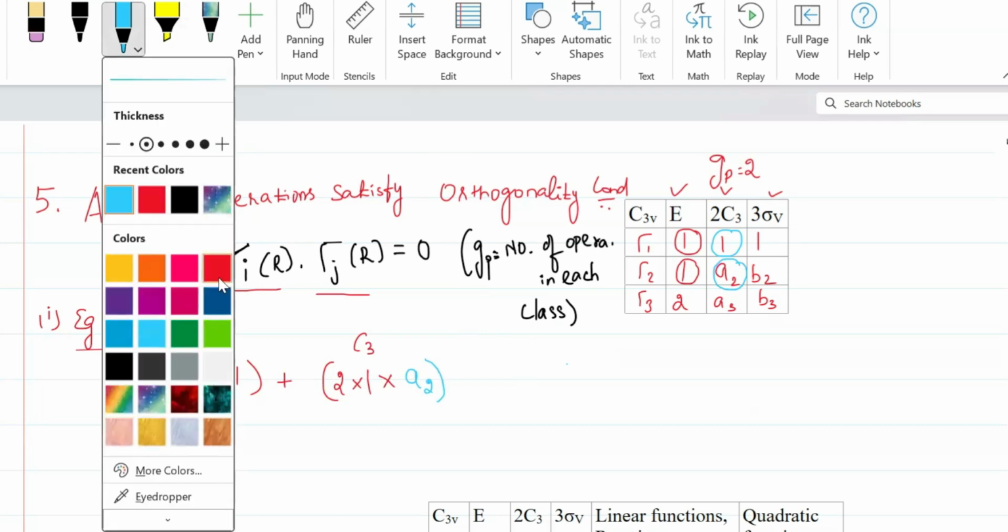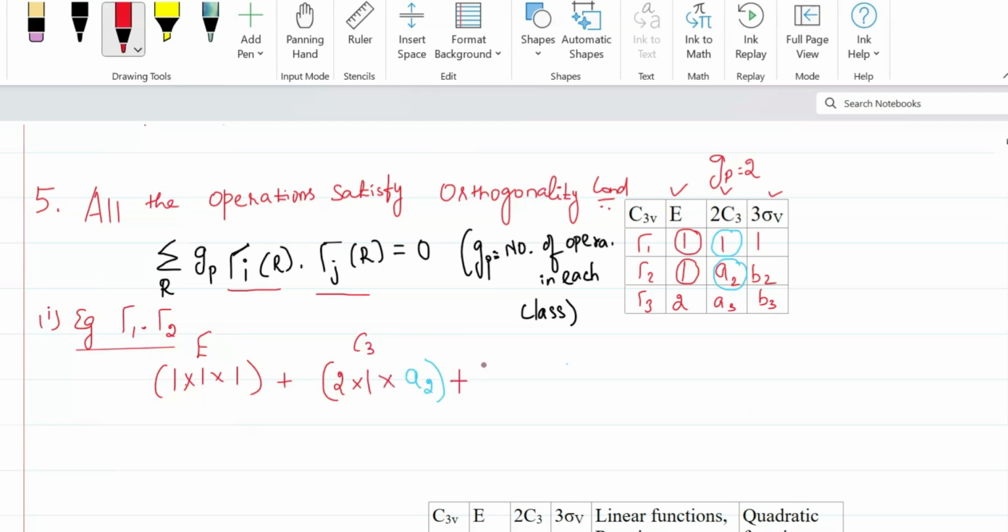Then comes plus, we consider sigma V. What is gp for sigma V? In this case, gp for sigma V is 3. Three sigma V's are there. So gp is 3 into the character for the first irreducible representation under sigma V, which is 1. Then for the second irreducible representation under sigma V, it is B2. We take B2 into account.